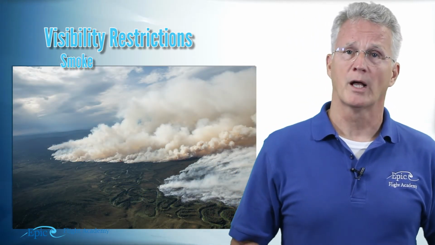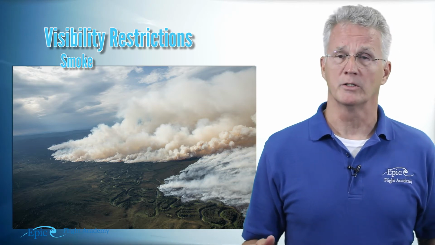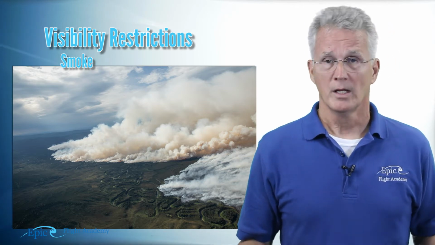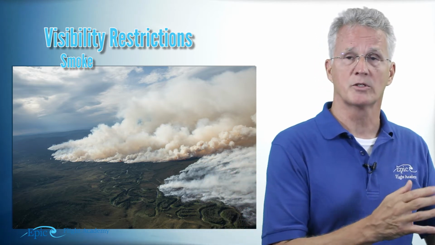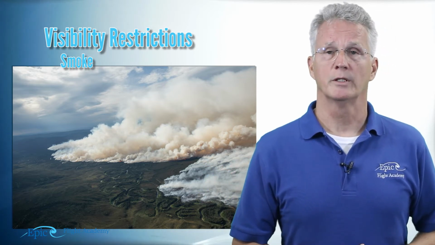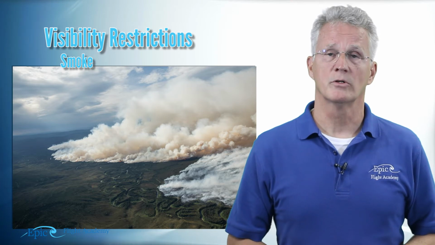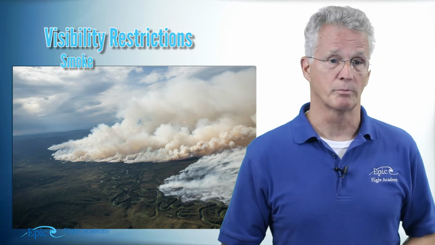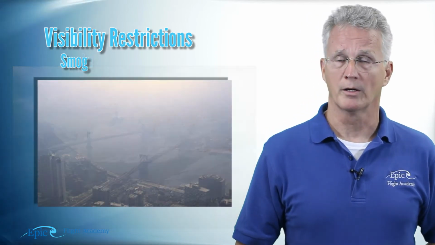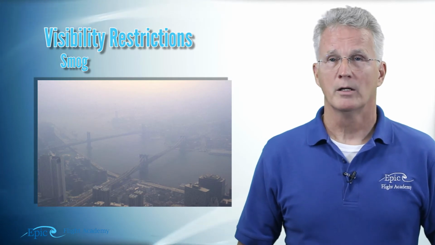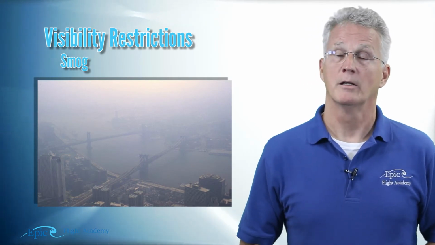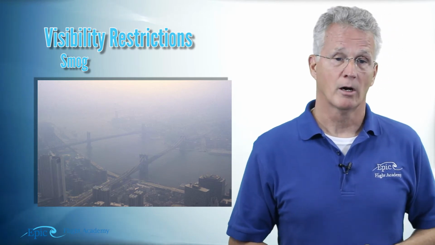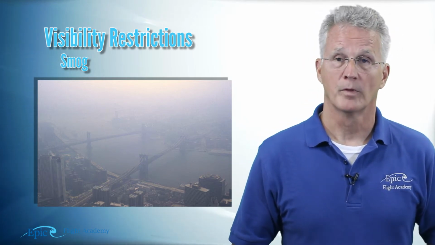Those of us who have flown out in the west, particularly in the summertime, if you've experienced forest fires and you have that heavy, thick smoke that blows downwind, that's a serious restriction to visibility. Smog. Smog is a fog-smoke combination and not uncommon around large cities.